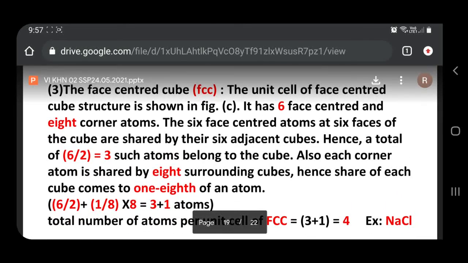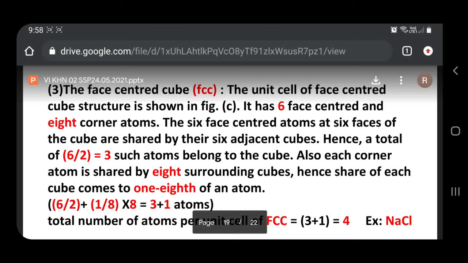The third type of Bravais lattice in case of a cubic system is FCC, face centered cube. Again, just recall the diagram. The unit cell of a face centered cube has 6 face centered and 8 corner atoms. The 6 face centered atoms at the 6 faces of the cube are shared by their adjacent cubes, because I mentioned if you take 8 unit cells together and select any unit cell, it is shared with adjacent cubes.